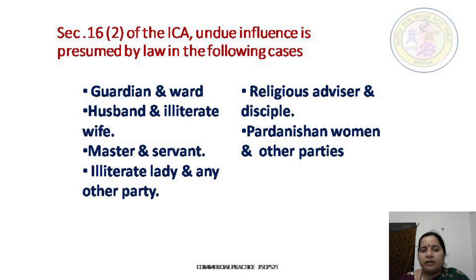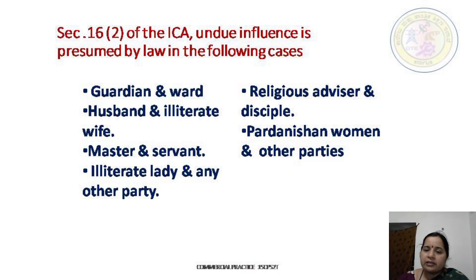Say guardian and ward, husband and illiterate wife. Law presumes the presence of undue influence in this case because she is an illiterate lady. So the husband can use his power over her to get her consent to enter into an agreement. Master and servant, the best example.